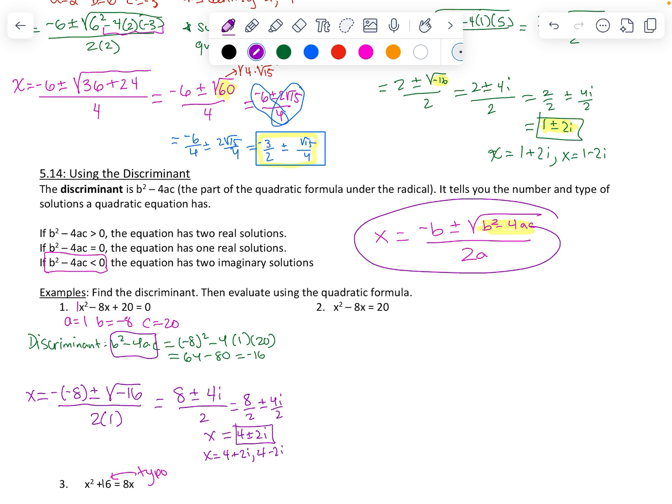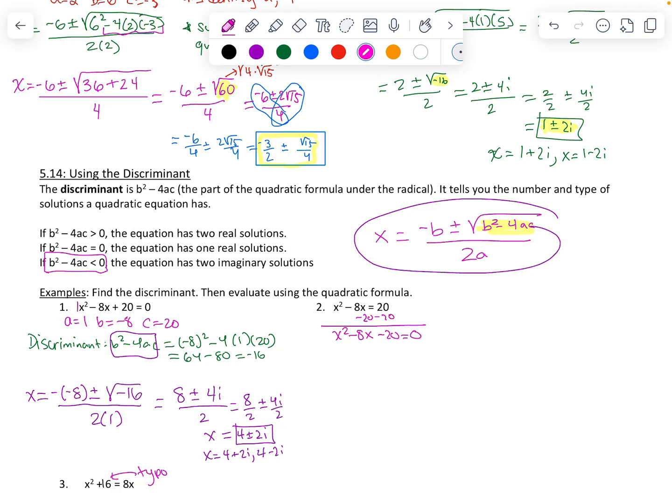That's okay too. Okay, so for number 2, I do want to warn you that this one is not in standard form, so before you do anything else, you're going to want to move that 20 over. Otherwise, you'll probably get the same thing that you got in the last one.